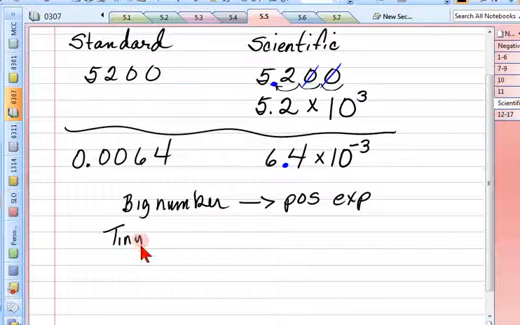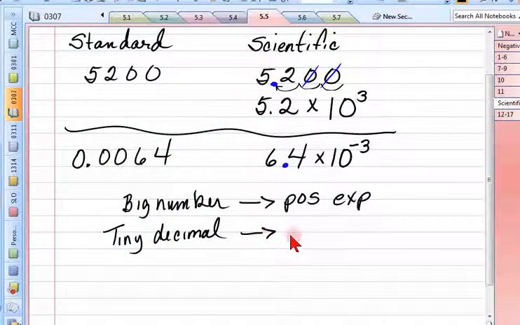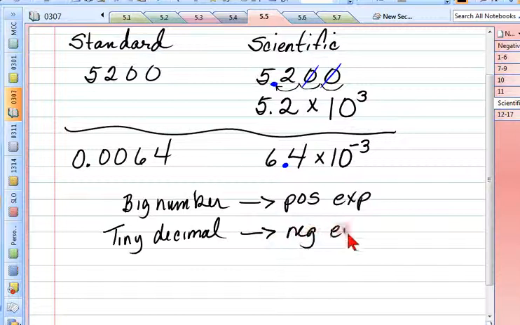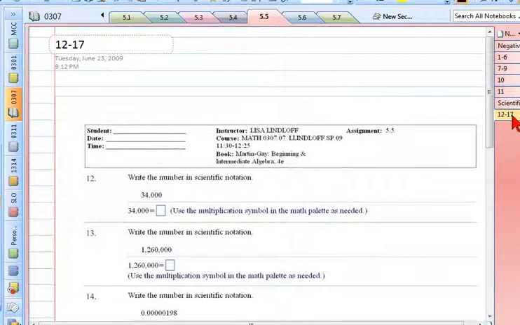Tiny decimal, negative exponent. And that's all you have to remember. Big number, positive exponent, tiny number, negative exponent. Let's look at several problems. And I won't worry about left or right because it will make sense to you, I believe.